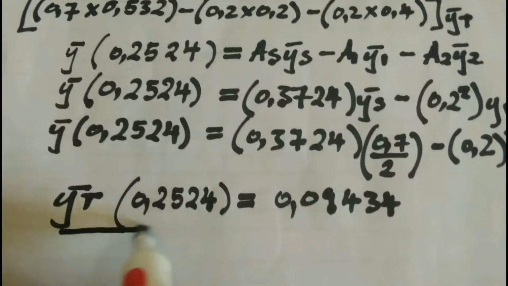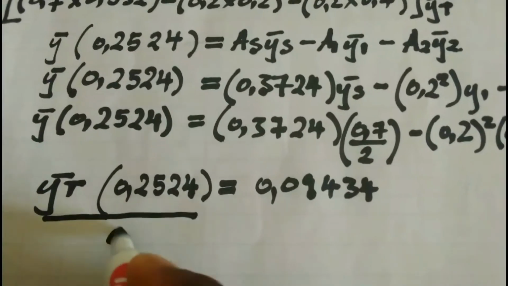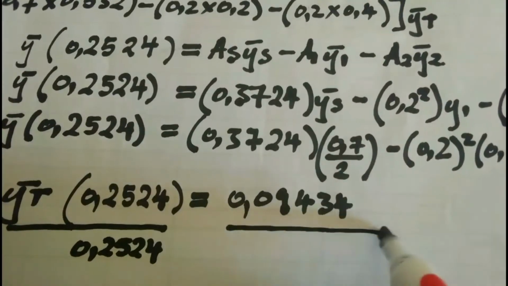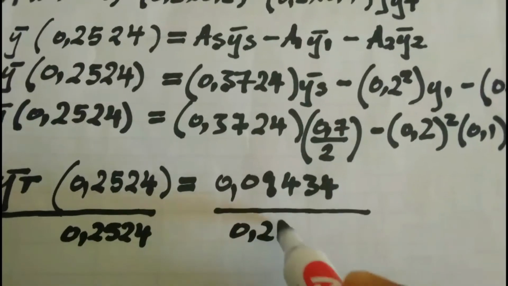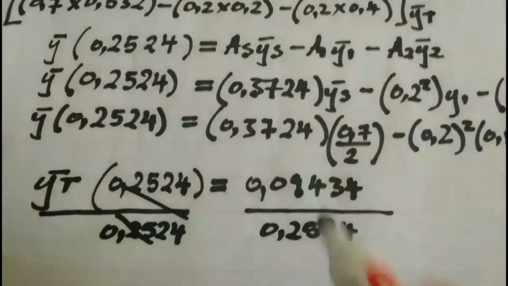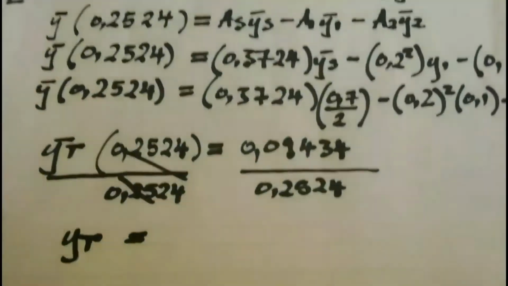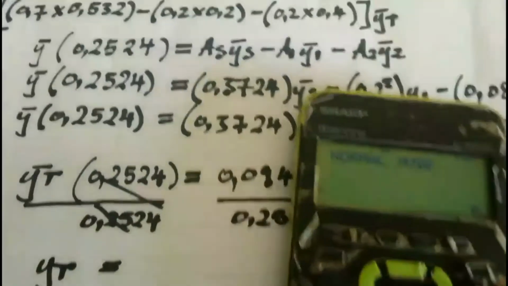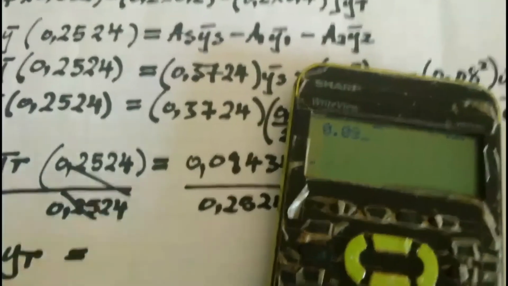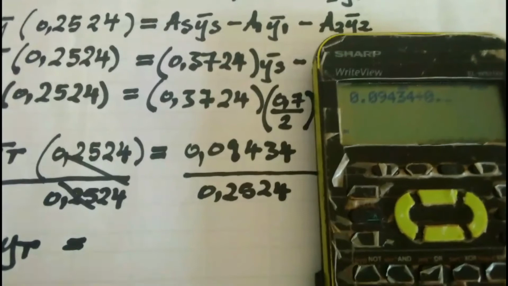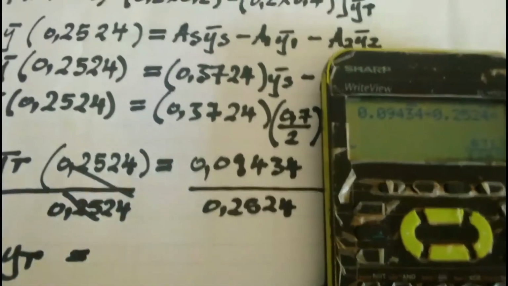So for us to now get the Y bar total, that is the centroid for the whole material, we're going to divide by 0.2524, and also here we're going to divide by 0.2524. So this one cancels and then that one divides that one. Y bar total now will be, let's use our calculator, 0.09434 divided by 0.2524.